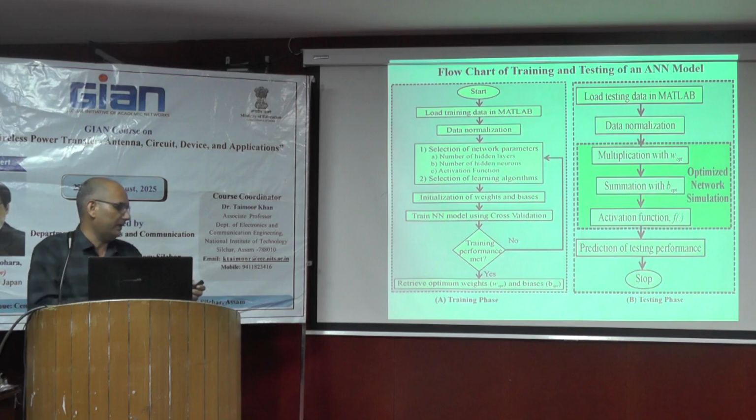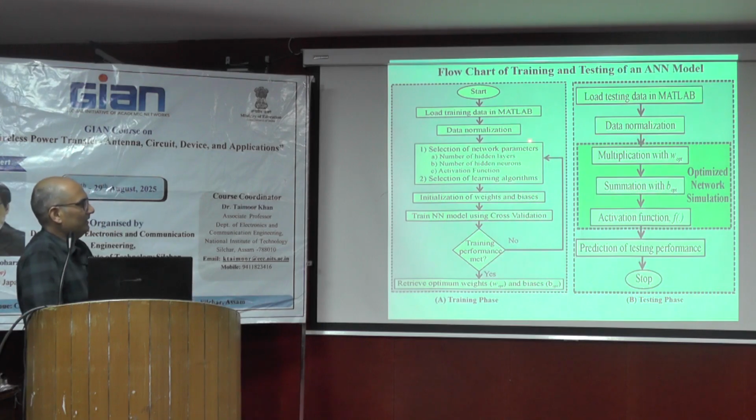Then select the parameters: number of hidden layers, number of hidden neurons, activation function, learning algorithm, then initialization of weights and biases according to the selected architecture. Then train the model, and if it is perfectly trained, yes, then you retrieve the weights.